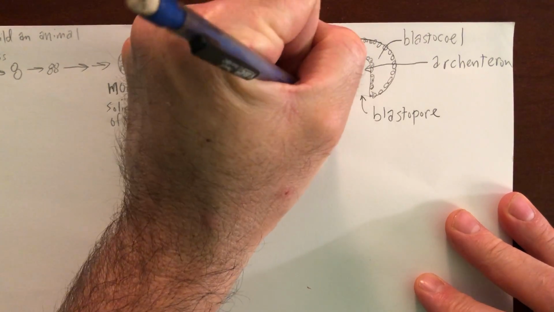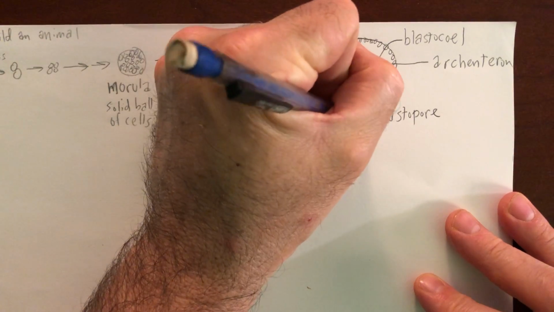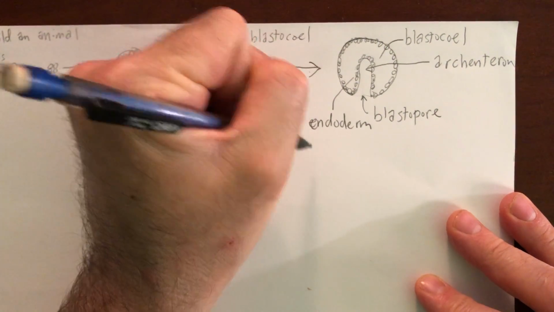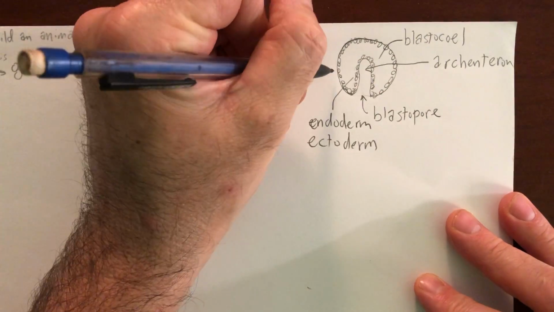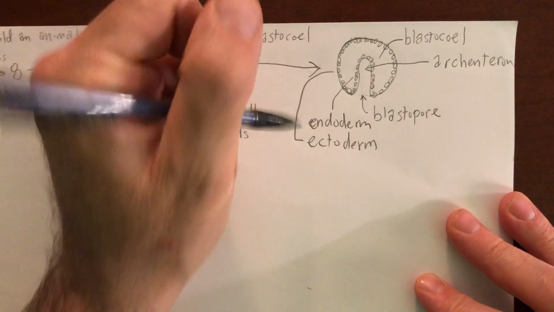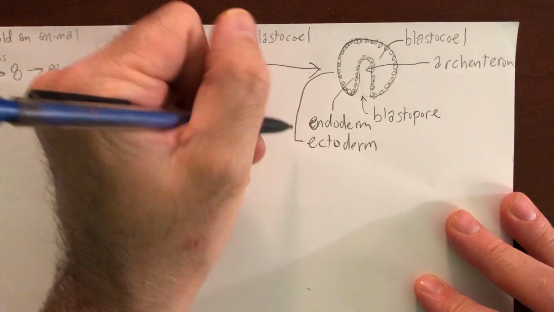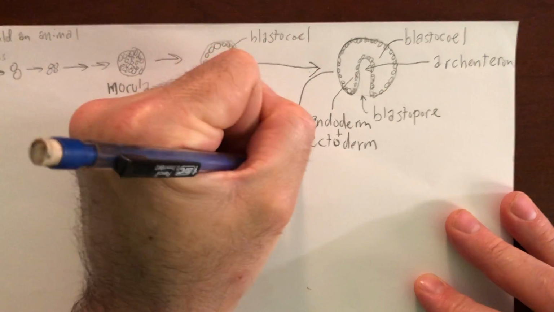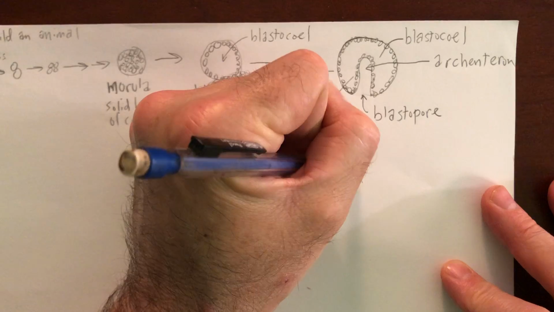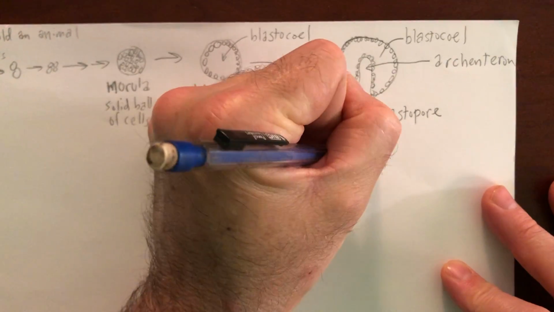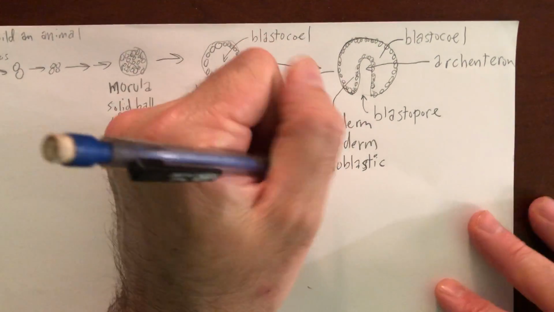The inner layer is endoderm, inner skin, and the outer layer is called ectoderm, which means outer skin. So we've got two germ layers now. And the word that we have for that is diploblastic, which means two germ layers.